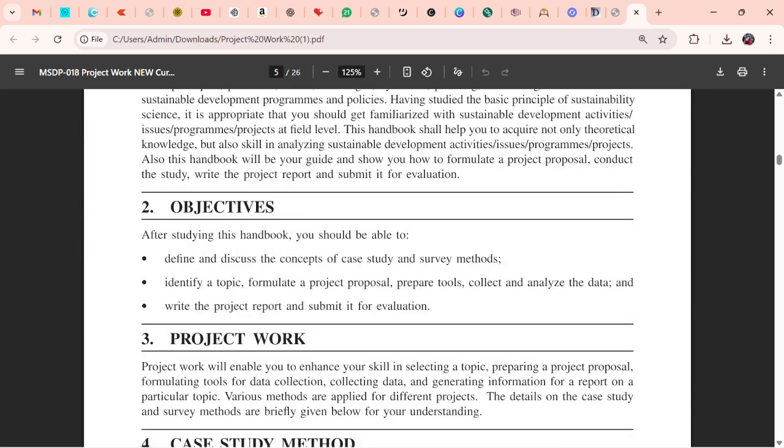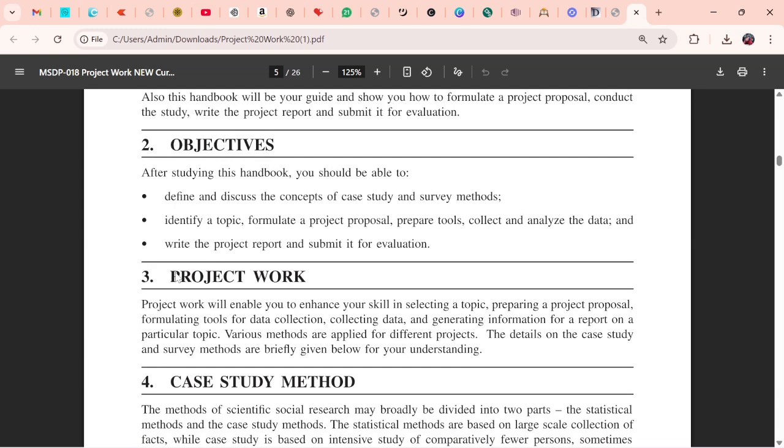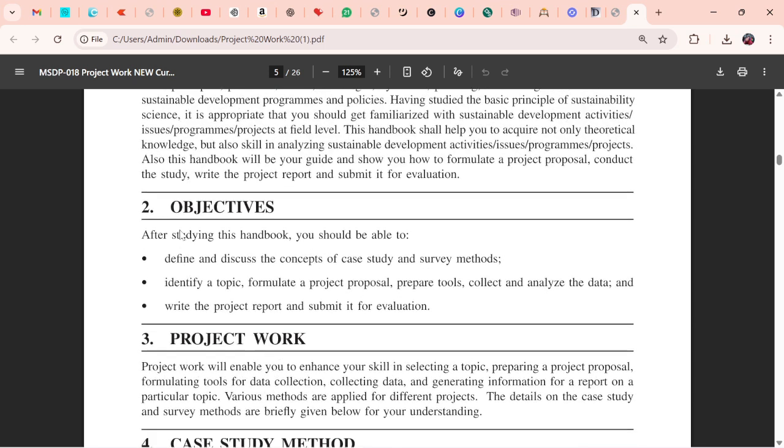Let's understand the most important things of this particular project work. What are the objectives of making this project?